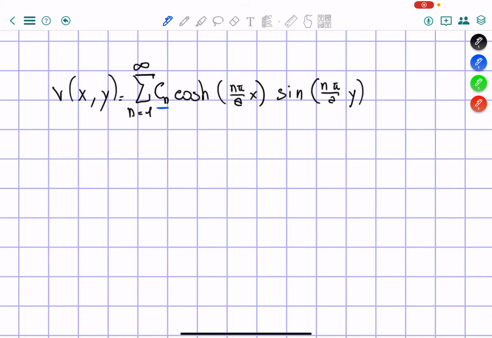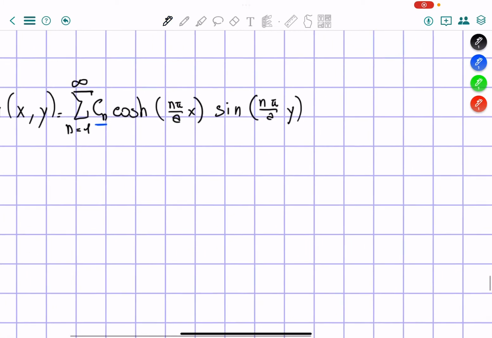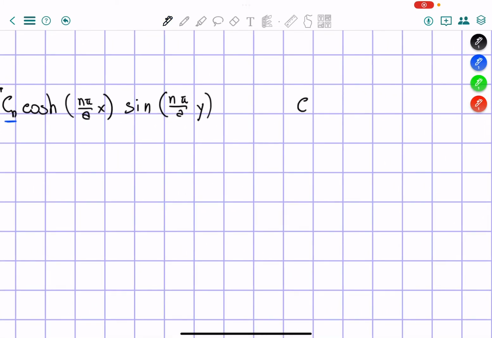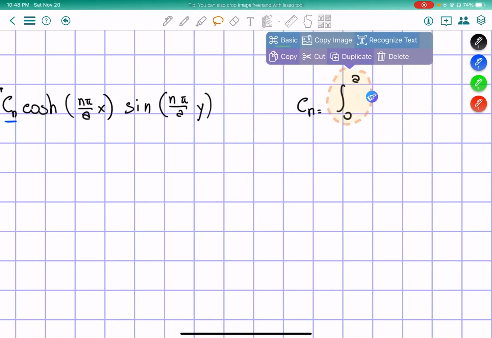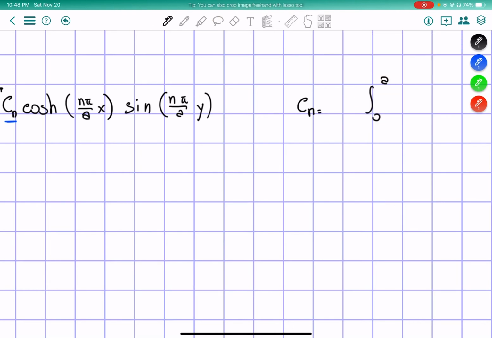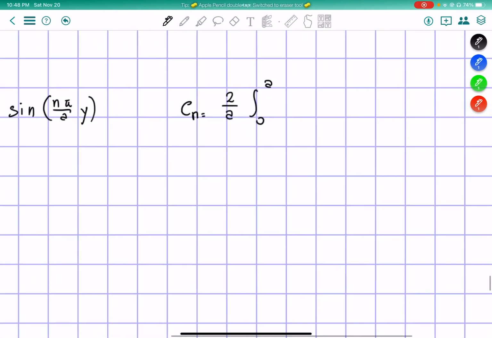value for this c_n. So we know that c_n is going to be equal to 2 over a times the integral from 0 to a, because the period is a and it's always 2 over the period.